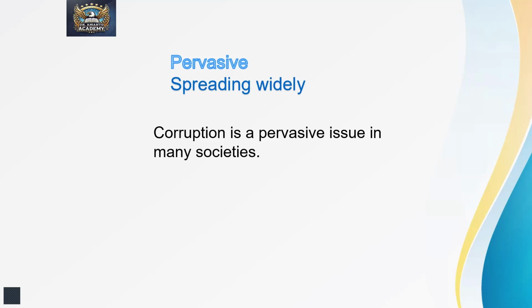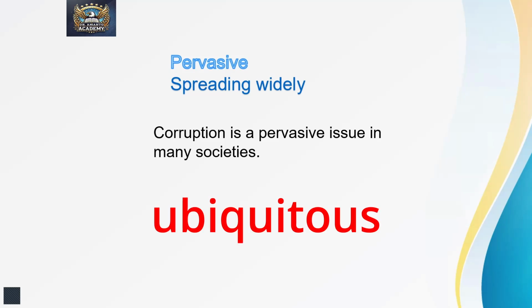This is similar to ubiquitous, but ubiquitous means everywhere, present at the same time, not necessarily negative. Pervasive is something that extends everywhere, covers everything, and is usually used for something negative, but not necessarily always negative.